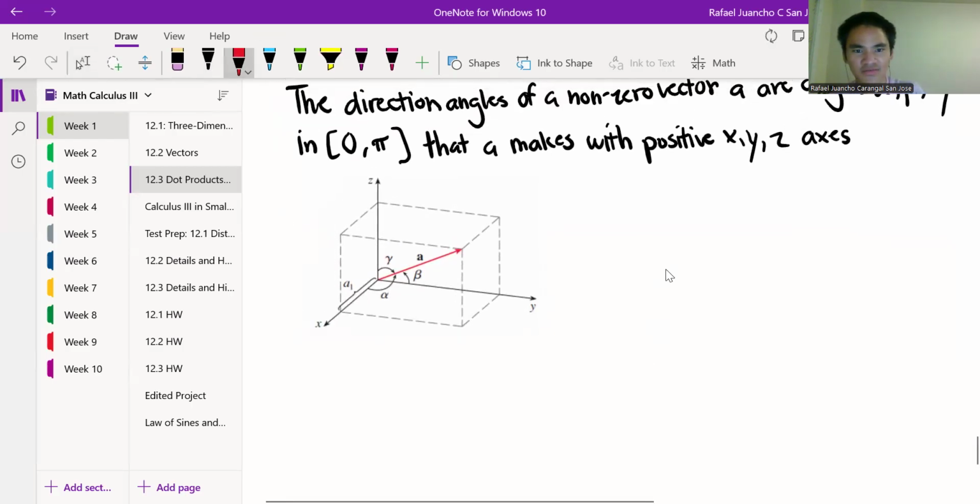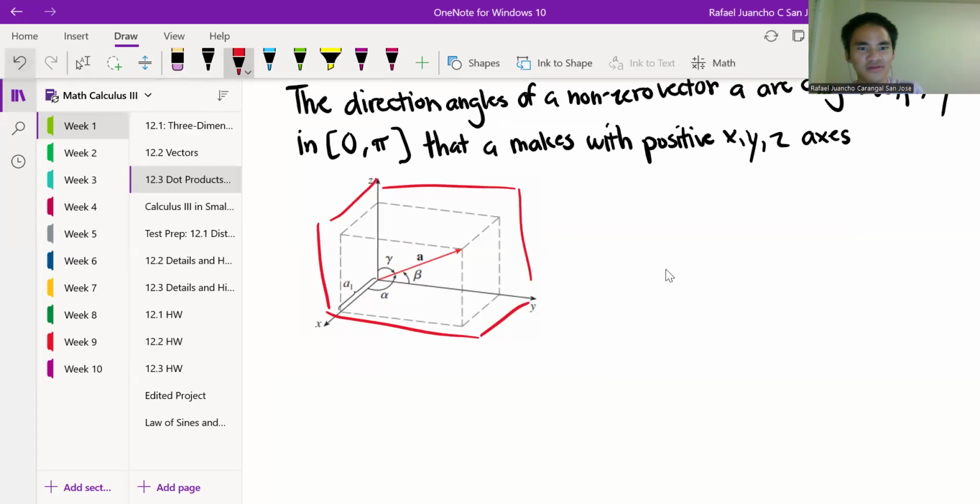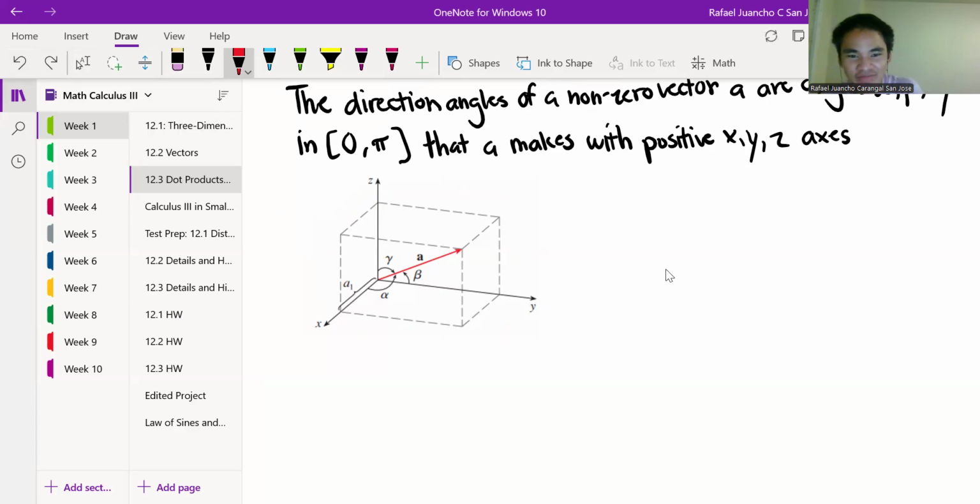So we can see this is the foreground, right? That's the foreground. And we have A, the vector, and we have angles here. So, this is interesting.